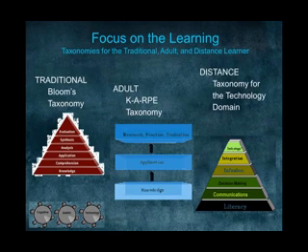Again, my guess is perhaps more of our faculty have heard of Bloom's taxonomy, but that is pretty much on the traditional side. Okay, Bloom did his work in the 1950s, so we're talking almost 60 years ago.